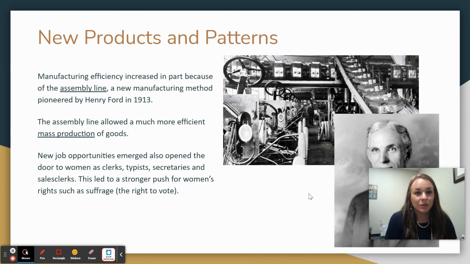So with the assembly line being talked about, by 1913 you've got Henry Ford with this new manufacturing method that just changes everything. Literally, the McDonald's brothers thought about how to mass produce hamburgers and used Henry Ford's assembly line idea to create modern fast food joints.